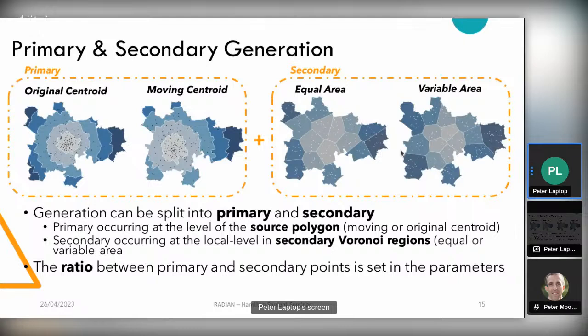Radian is able to generate a moving centroid around an elliptical region around the true center to add a little bit more variation. So everything gets shifted over a little bit, just to add a bit more diversity in what you can get.